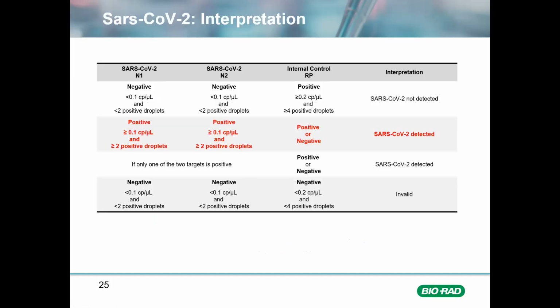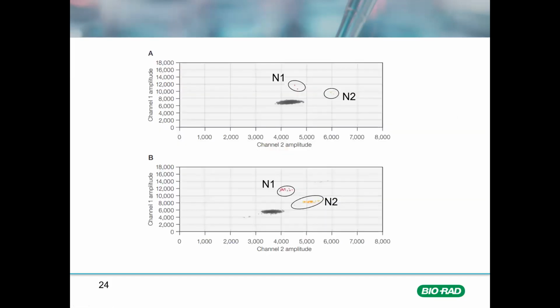So if we look at the limit of detection of our assay, it's any sample that has greater than or equal to 0.1 copy per microliter, or in other words, 2 or more positive droplets. One can consider that a sample that is positive for SARS-CoV-2. SARS-CoV-2 has been detected. So if I go back, even this case up here where we only have 4 droplets, that's greater than or equal to 2.